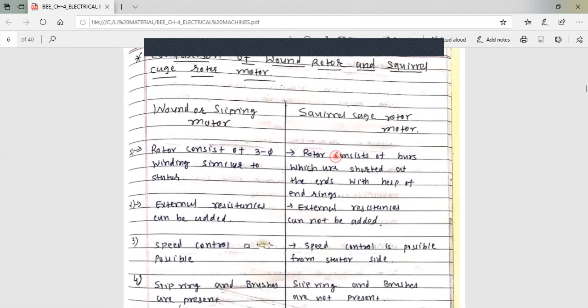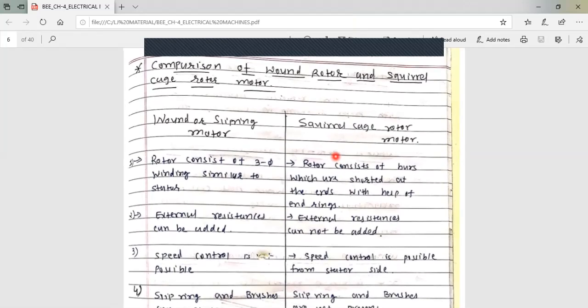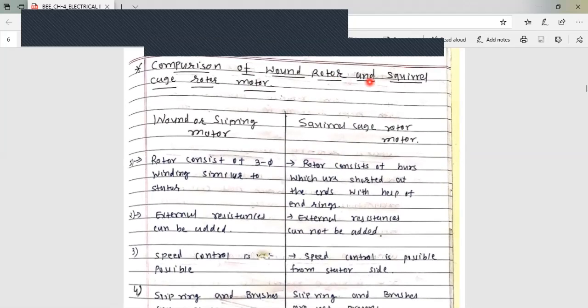So here is the comparison of wound rotor and squirrel cage rotor motor. The second type is the one we have just discussed, and the other is the first type. So keep that in mind. The slip ring rotor consists of three-phase winding similar to the stator.